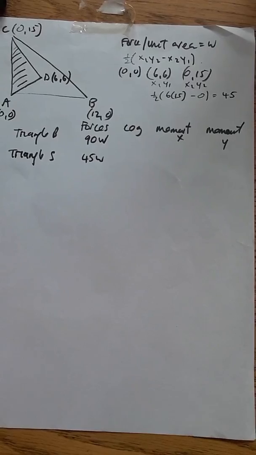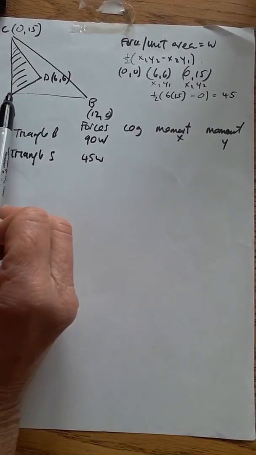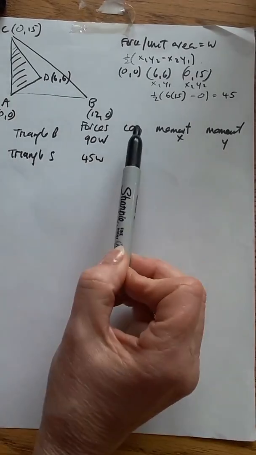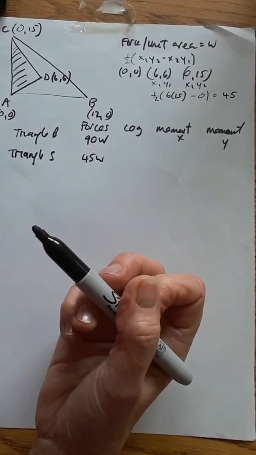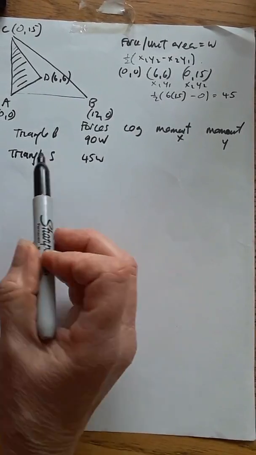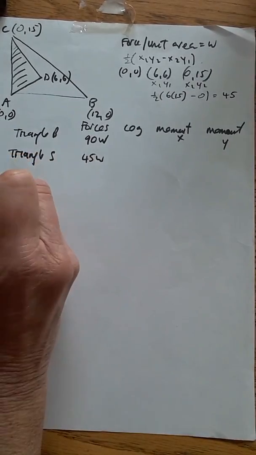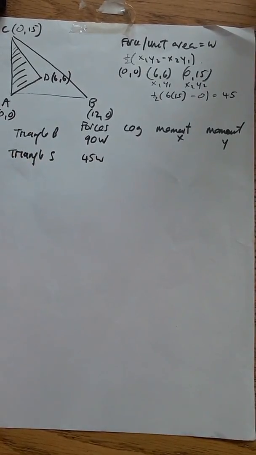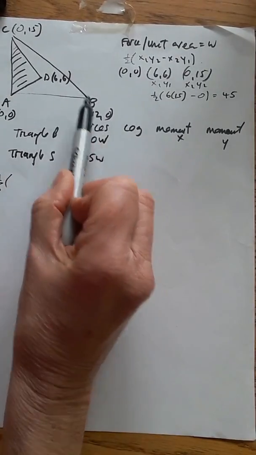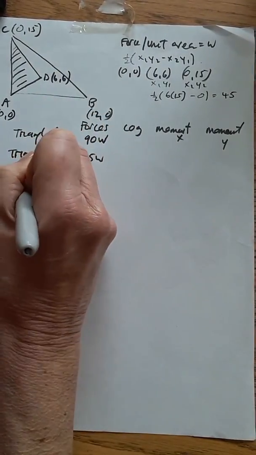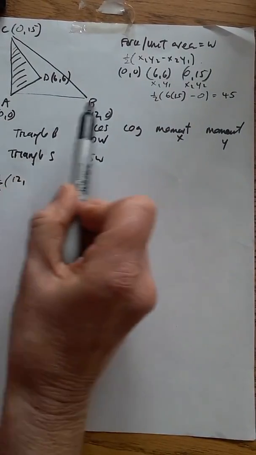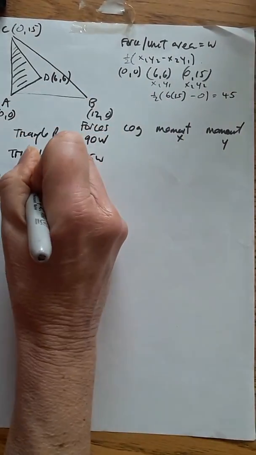Now, the centre of gravity of each of those positions. So this one here, remember this big triangle, the centre of gravity is 1/3 the sum of the x's and 1/3 the sum of the y's. So for that big triangle, 1/3 the sum of the x's will be 0 plus 12 plus 0, and the y coordinates will be 0 plus 0 plus 15.